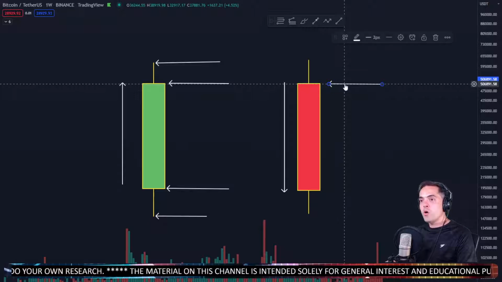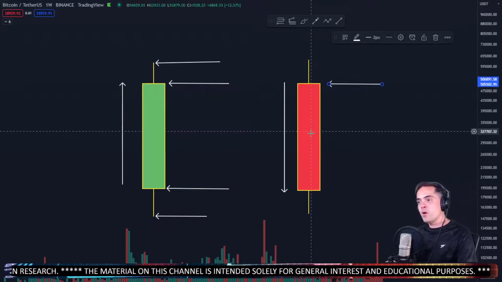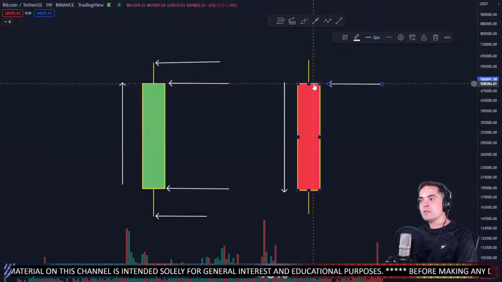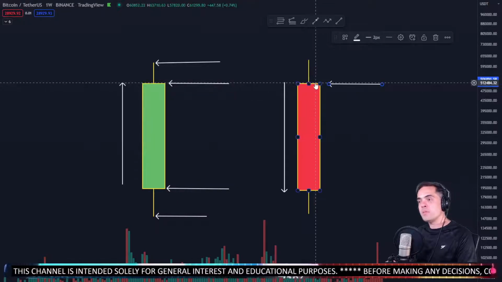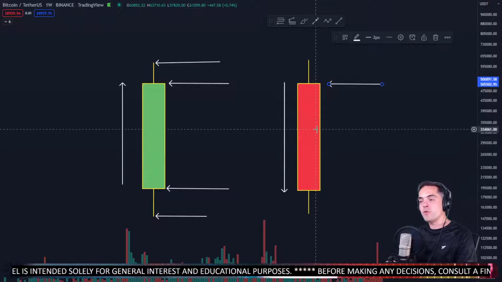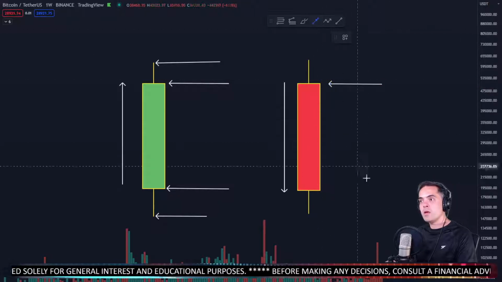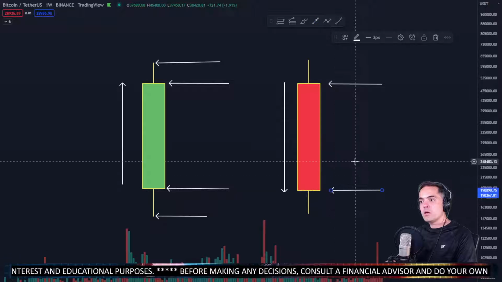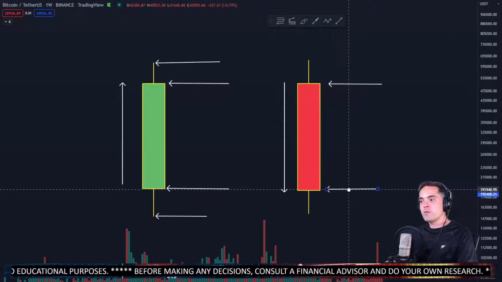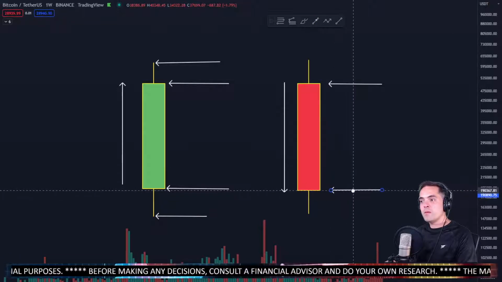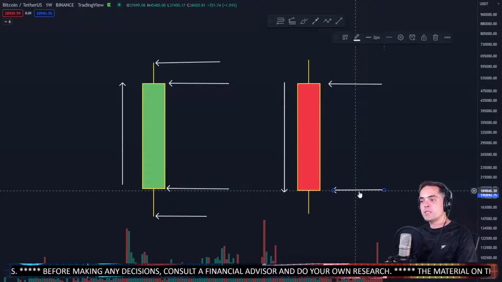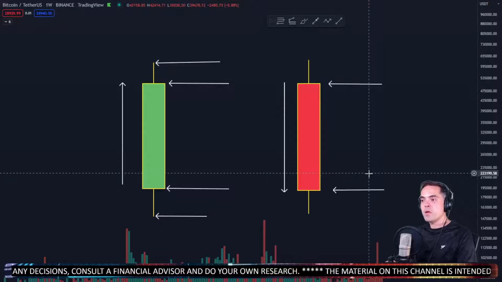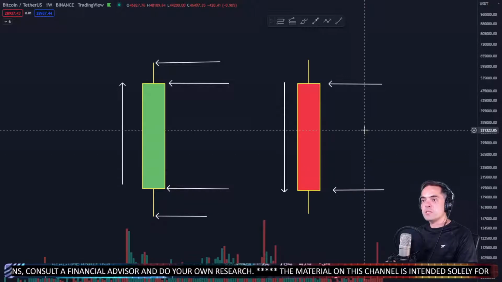On the red candle, the opening level is the high part of the full body. And now the close of the red rectangle will be the lowest level of that full body. So that's the difference.